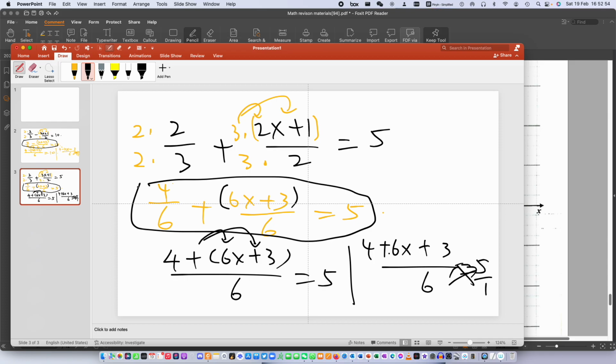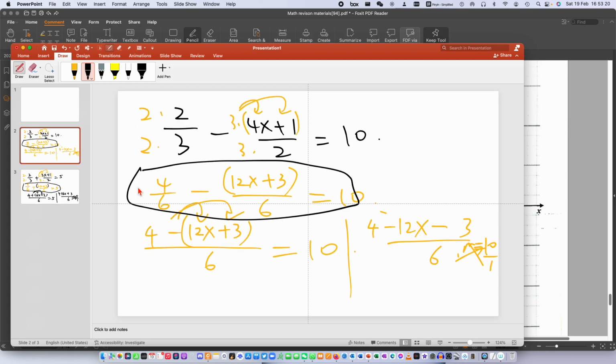When you have already changed the denominators the same, and when you are about to combine the numerators. Same thing. When you have the same denominator, and then when you are about to combine the numerator.